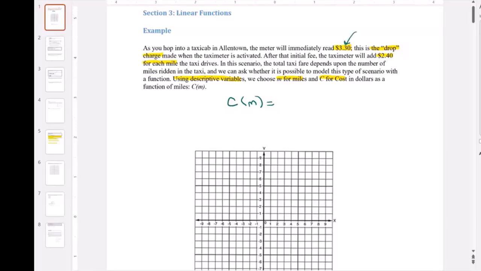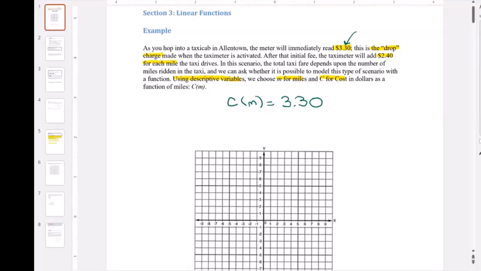If I get right out of the cab, I still owe $3.30. I haven't gone anywhere, but that is the cost of getting into a taxi cab and having the taxi driver turn on the meter. So no matter what, I have to pay that $3.30.